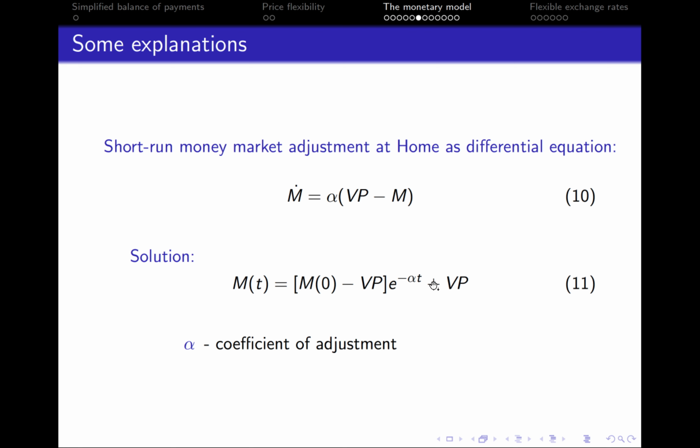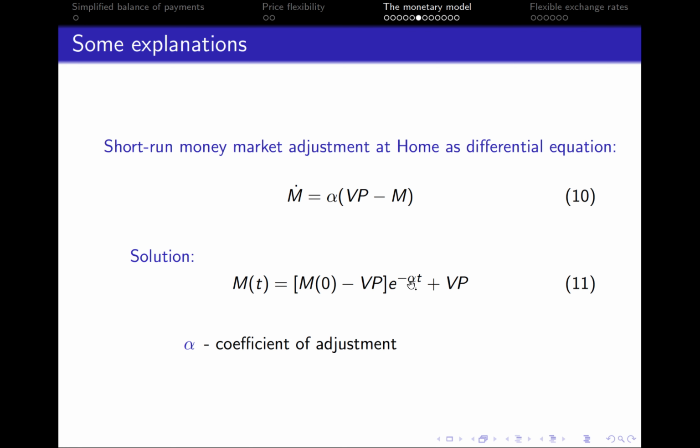And we see that in the long run, the amount of money is equal to money demanded. If money supplied is different from money demanded, this deviation is eliminated over time.